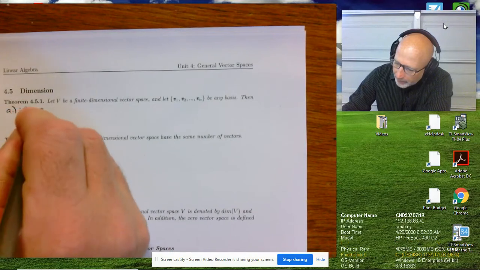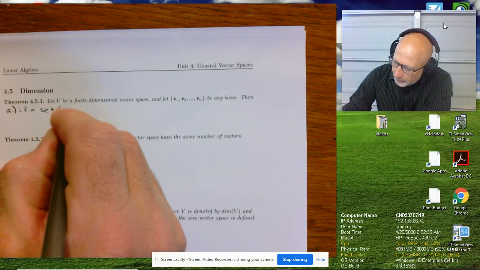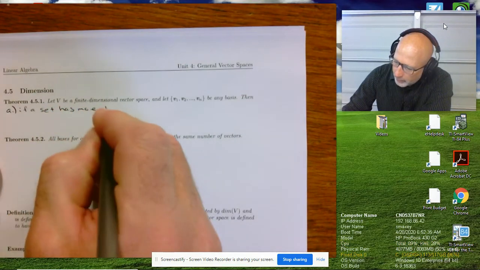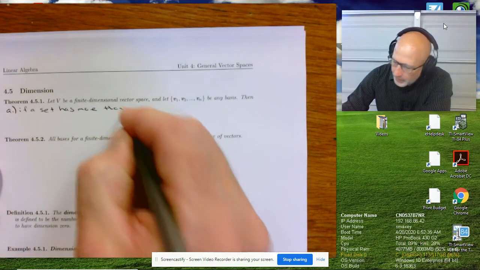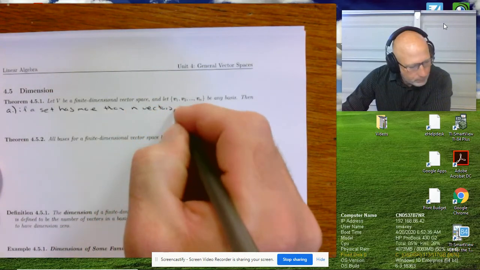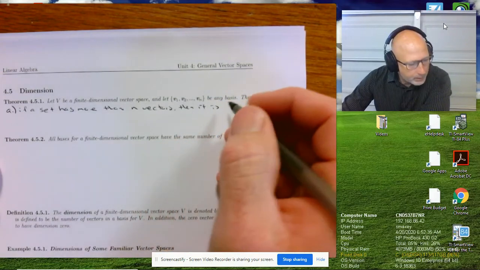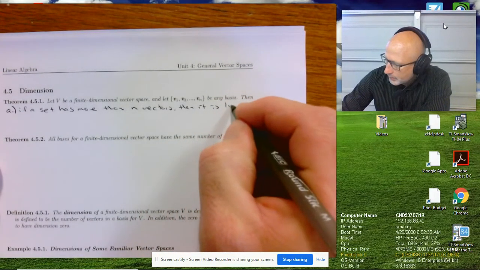A: If a set has more than n vectors, then it is linearly dependent.